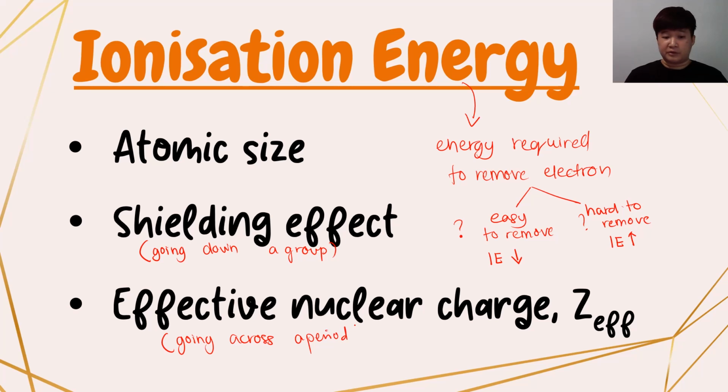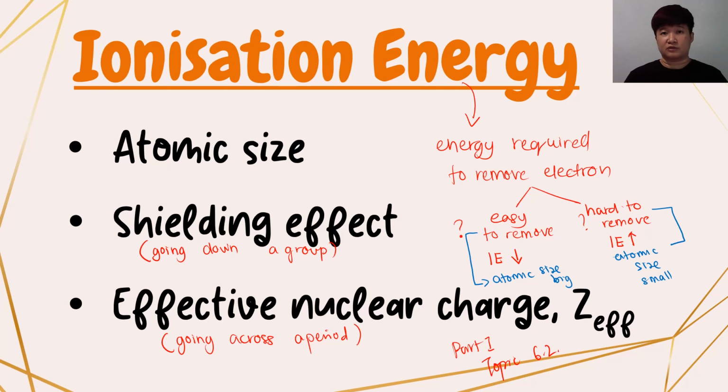It will be very similar to your part 1 video of topic 6.2. Go and watch that, okay? Easy to remove means the atomic size is big, and hard to remove is because the atomic size is very small. And everything goes back to the force of attraction from the nucleus to the valence electron.